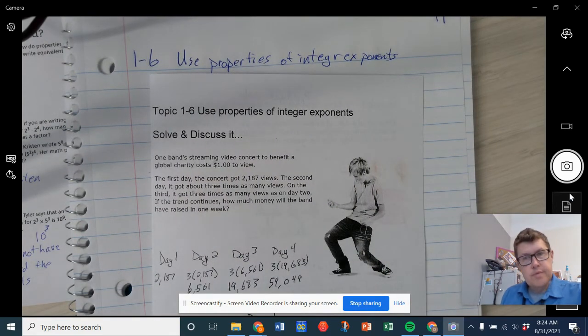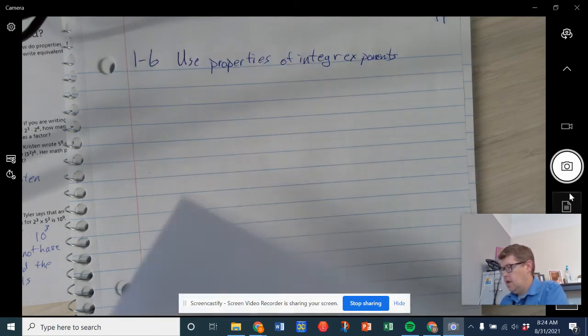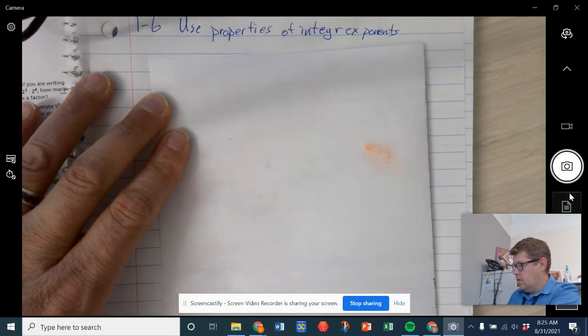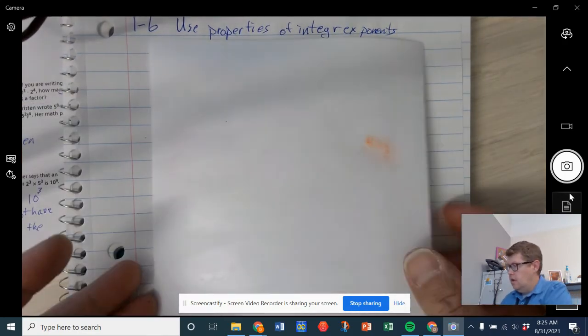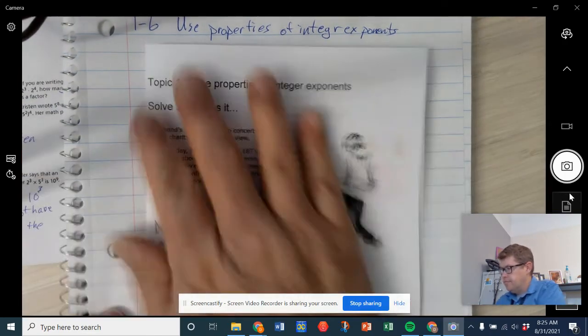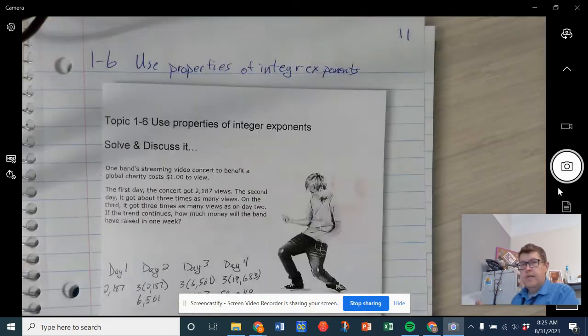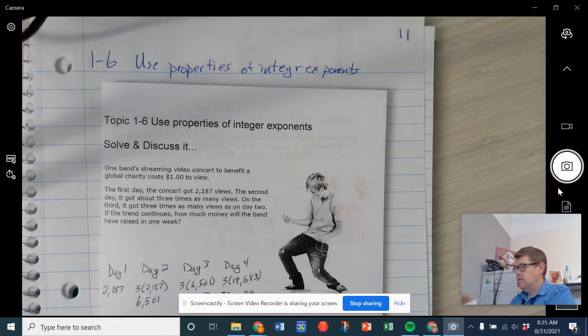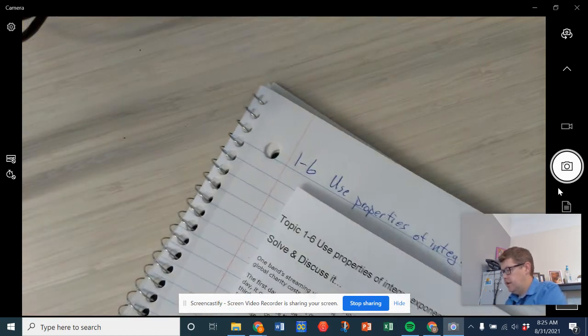Where did I put my glue? Like so. All right, and then for the second page, I'm going to do the same thing. I fold it in half with the blank pages out. And then I put that on the next page.